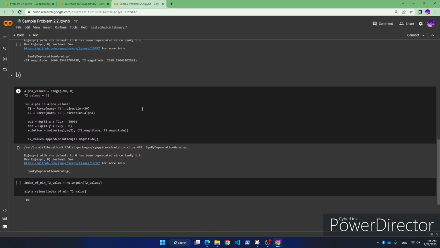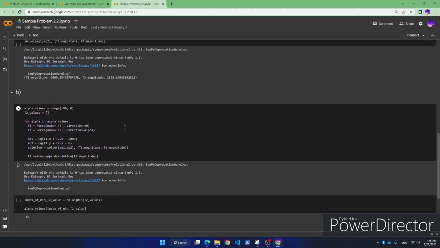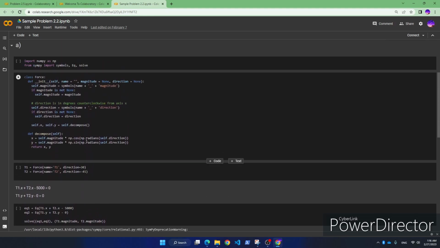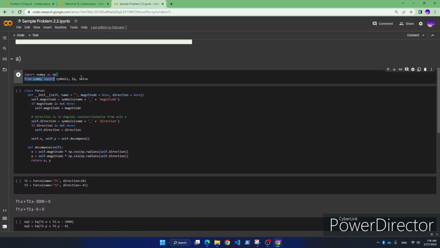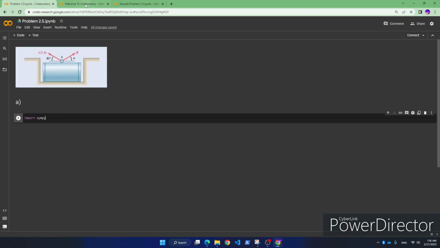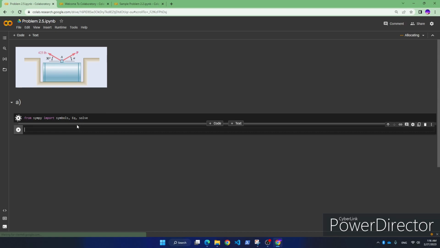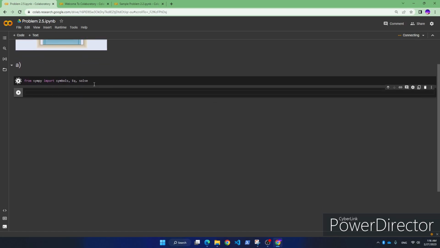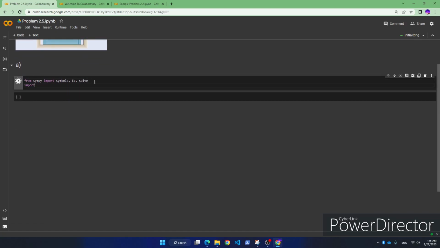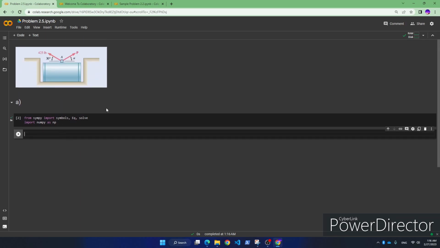So in problem 2.2, what did we do? Equation solve. So let's import this. Import numpy as np. Yes. And let's go for, look, this is very easy, right?